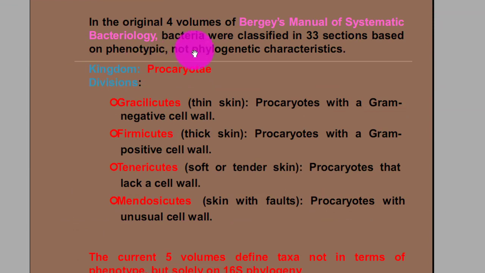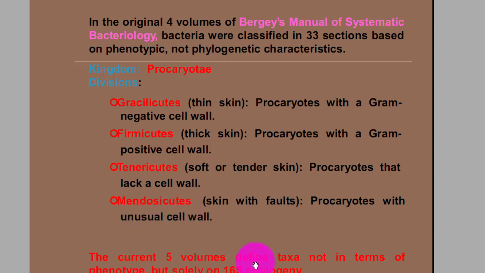In the original 4-volume Bergey's Manual of Systematic Bacteriology, bacteria were classified in 33 sections based on phenotypic, not phylogenetic, characteristics, with ranking of prokaryote divisions: Gracilicutes, Firmicutes, Tenericutes, and Mendosicutes.